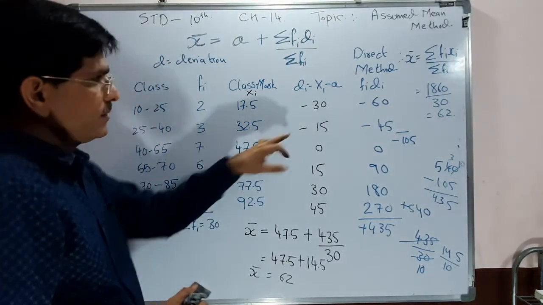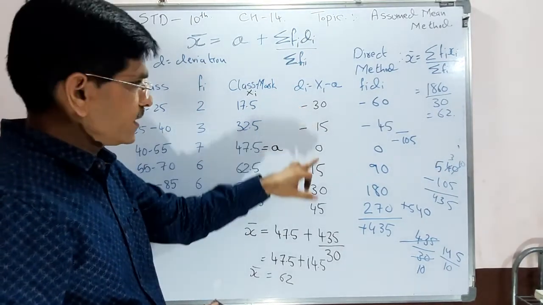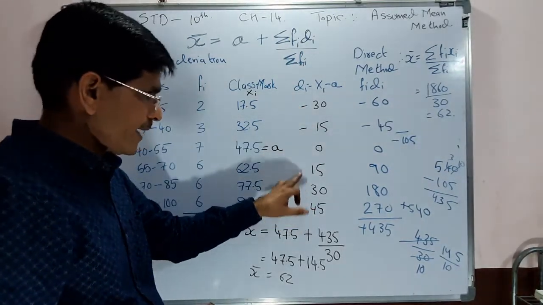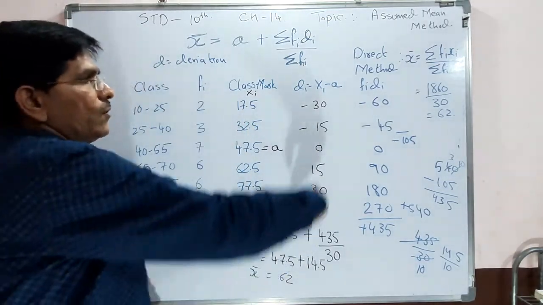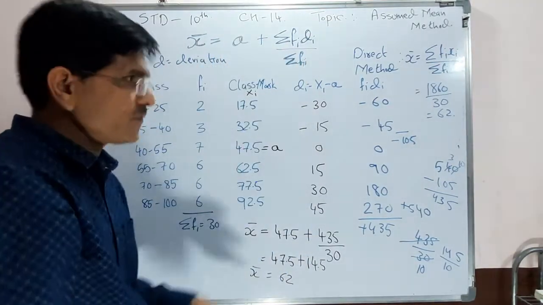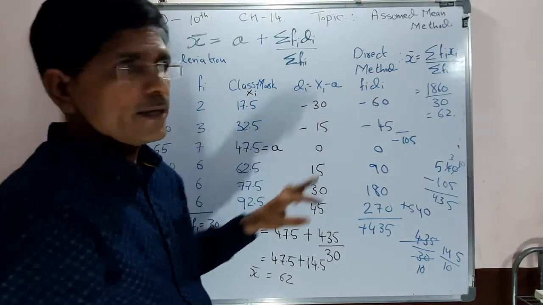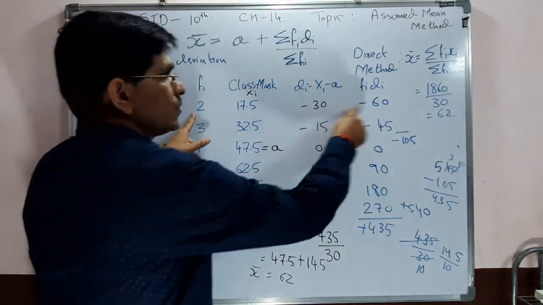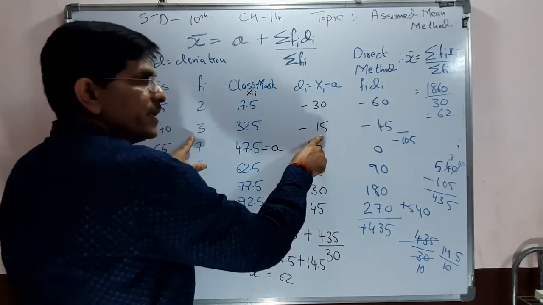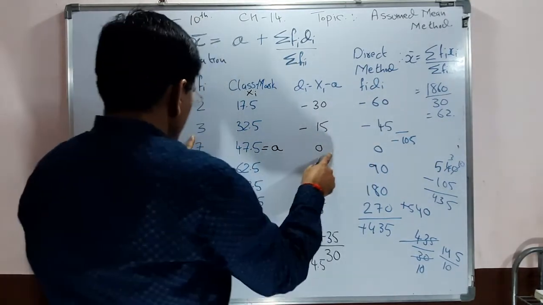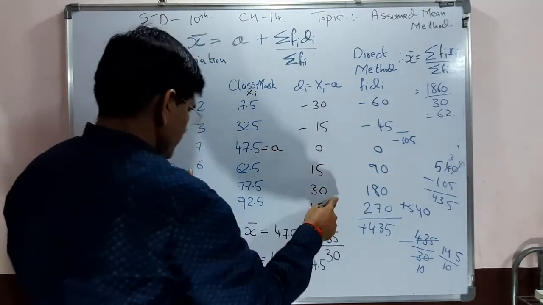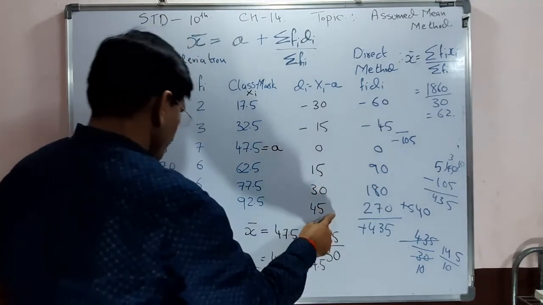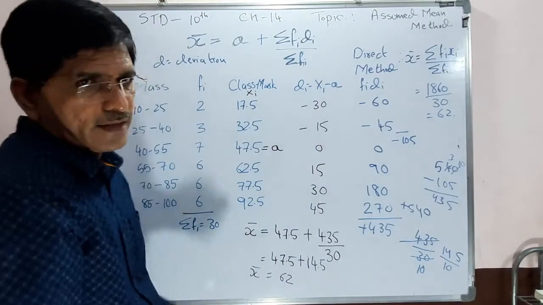If the difference is 10, then minus 10, minus 20, and 10, 20, 30, 40. But here the difference is 15, so we go above by 15 and below by 15. Now fi di: minus 30 into 2 is minus 60, minus 15 into 3 is minus 45, 0 into 7 is 0, 15 into 6 is 90, 30 into 6 is 180, 45 into 6 is 270.